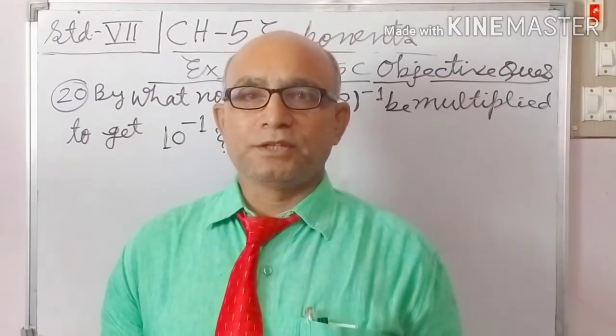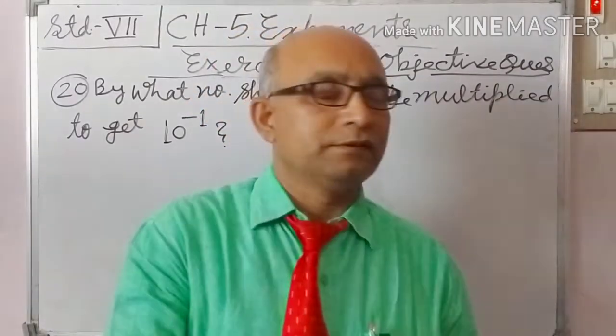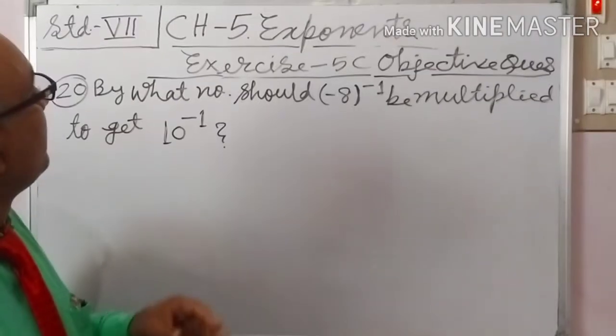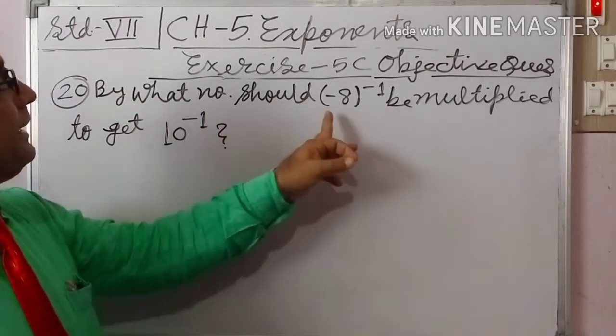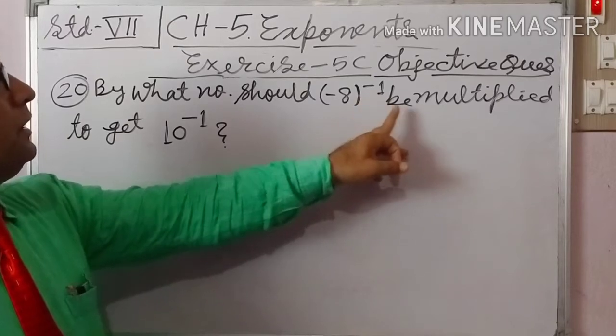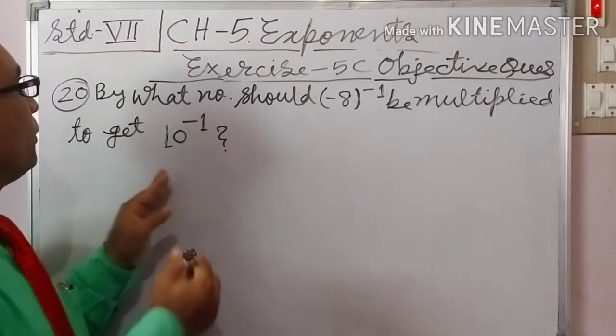Students, next question written on this board is question number 20. By what number should minus 8 to the power minus 1 be multiplied to get 10 to the power minus 1?